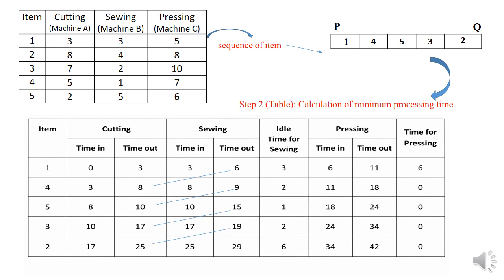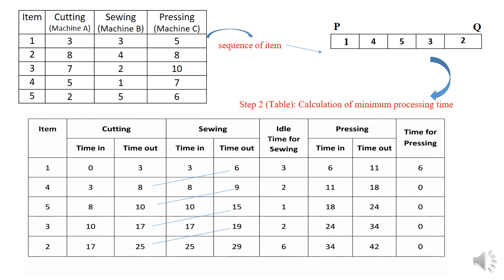The idle time of pressing machine or the waiting time of pressing machine is 0 hours for starting item 2, because the time out of previous item in pressing machine was 34 and the time in of present item in pressing machine is 34.